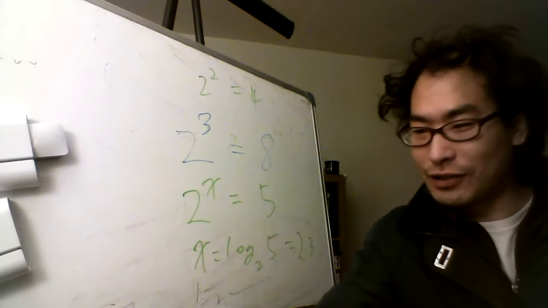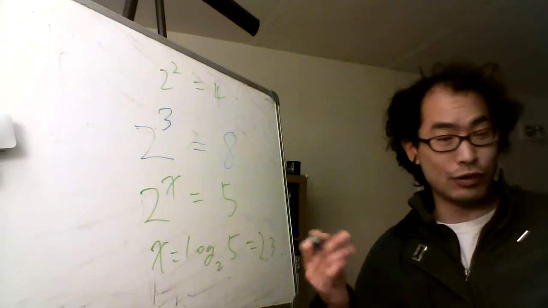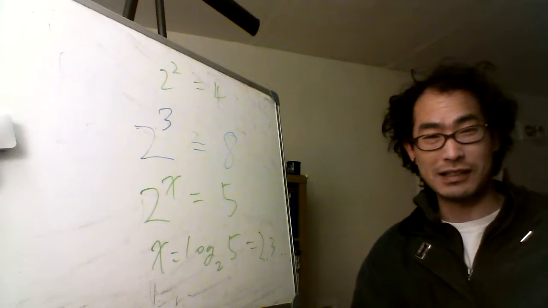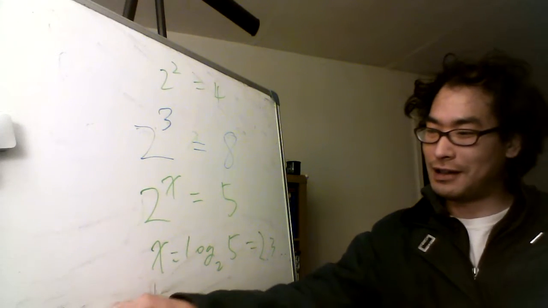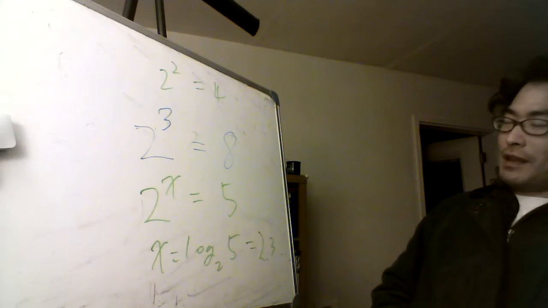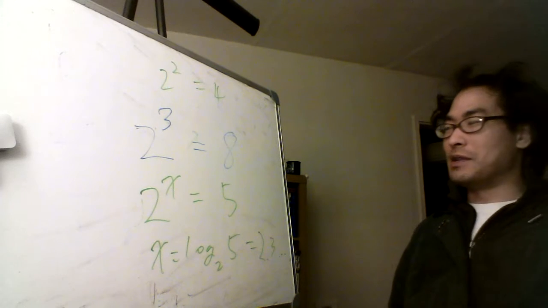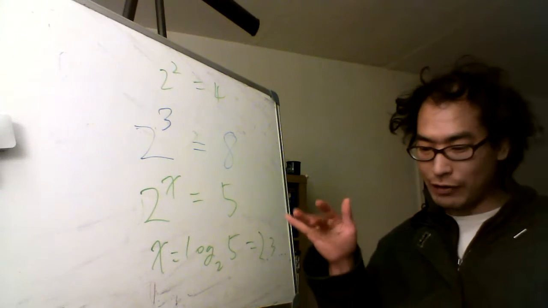Just like back in the days, they had this abacus. Do you have any idea what that means? A-B-A-C-U-S, abacus. Let me look it up so that I didn't misspell that. Abacus. It's a manual calculator.